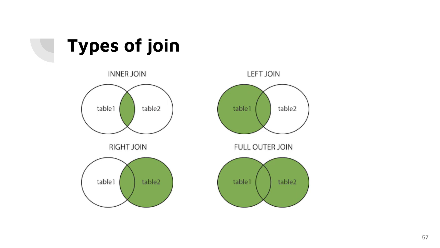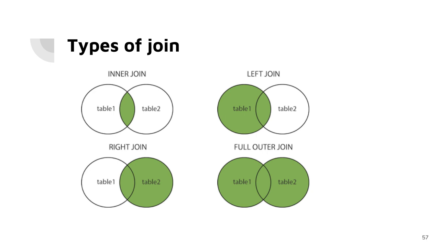So the join condition is always on the intersection. The only difference is that if there's a row, a primary key, which is not being referenced in the second table, then we still include it. That's why the Venn diagram is used as an illustration of that.